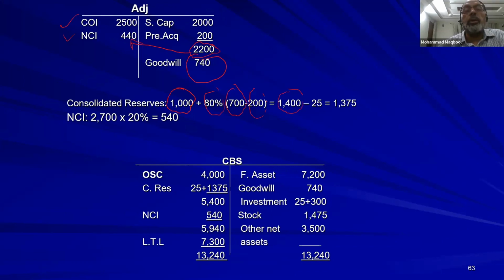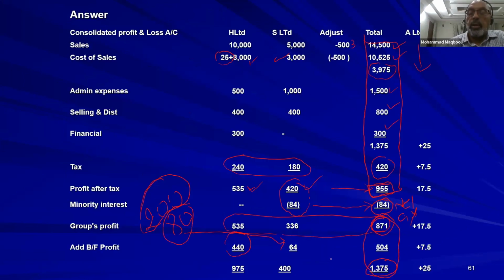1400 is the consolidated reserve. But this is the adjustment of the inventory gain hidden in the inventory, or embedded inventory. You can see this is the figure which ties up with your profit and loss account, because there we have already done that working.